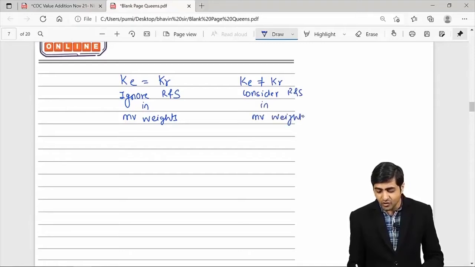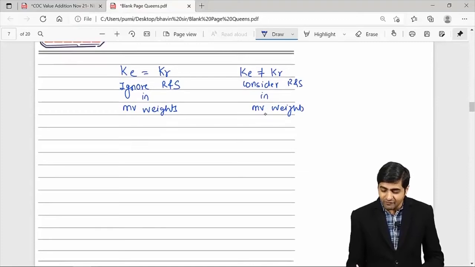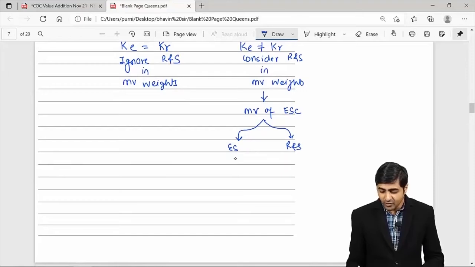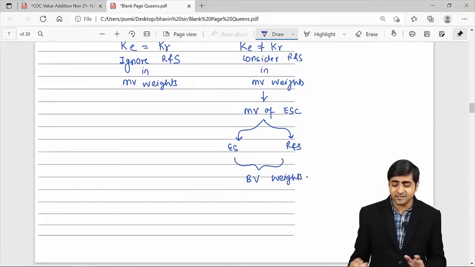So in this situation what you need to do is, we'll be dividing the market value of equity share capital into equity share capital and your reserves and surplus, and we will do this with the help of your book value weights. So guys, what is the approach? See, it's very simple.